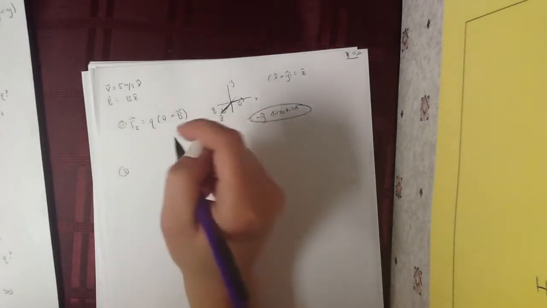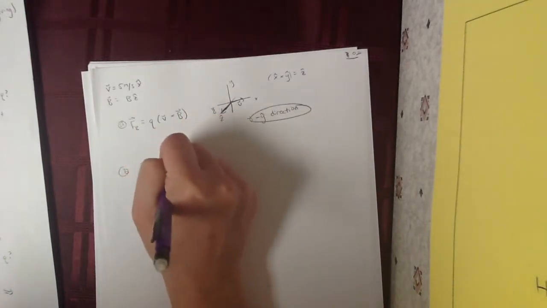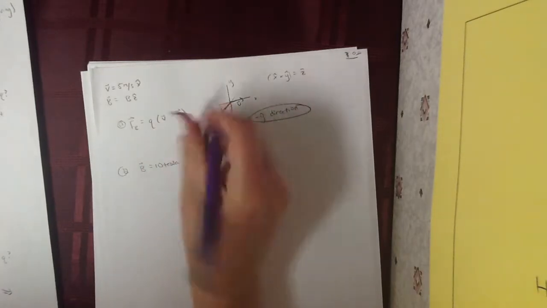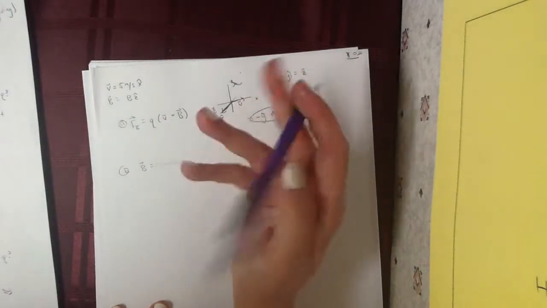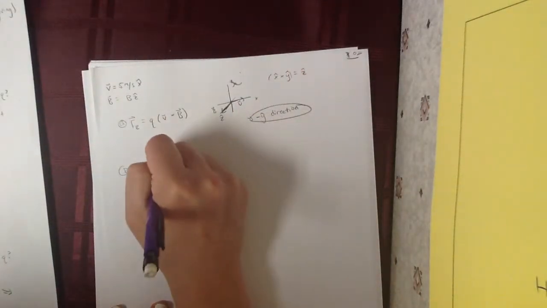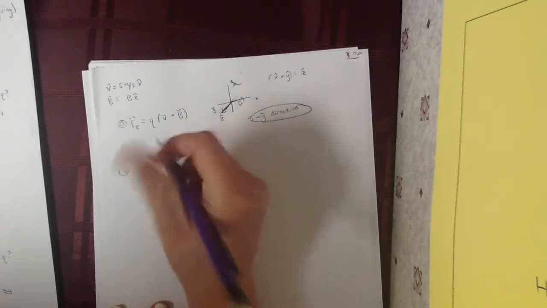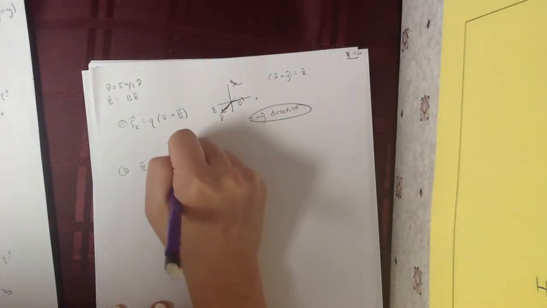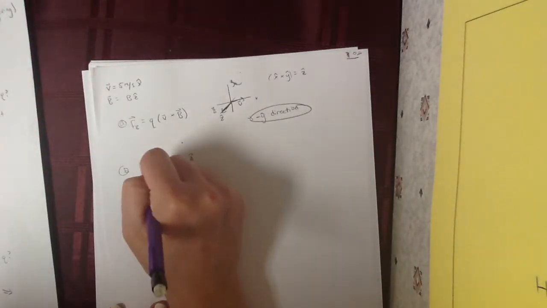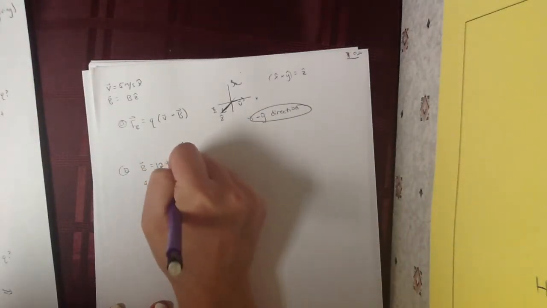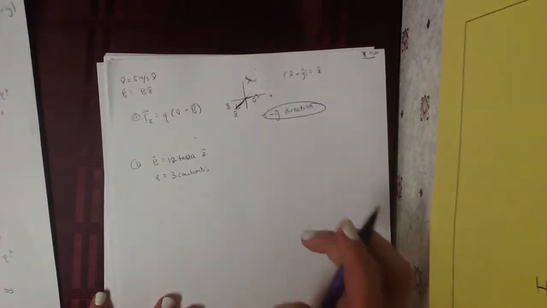So if the magnetic field has strength B equals 10 Tesla, actually, sorry, we're going to change this so that we're not giving the same answer. We'll make it 12 Tesla, in the Z direction. And the charge, we'll make it Q equals 3 coulombs. What's the force on charge Q?